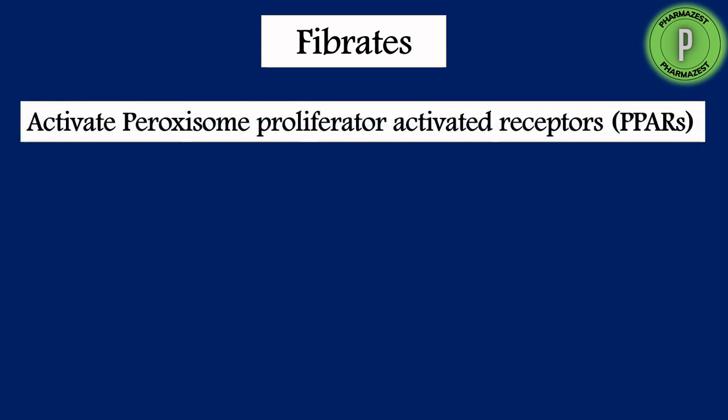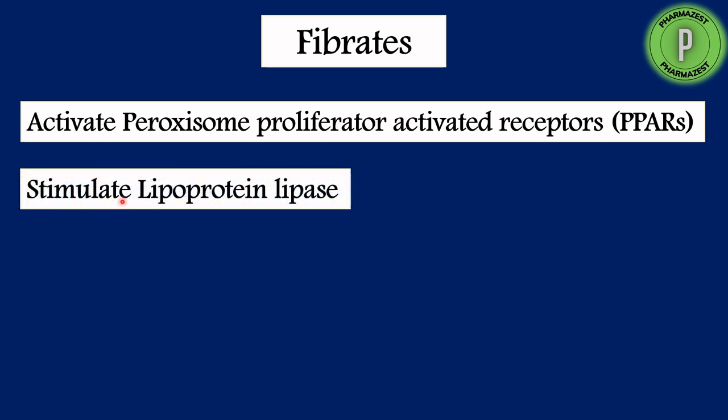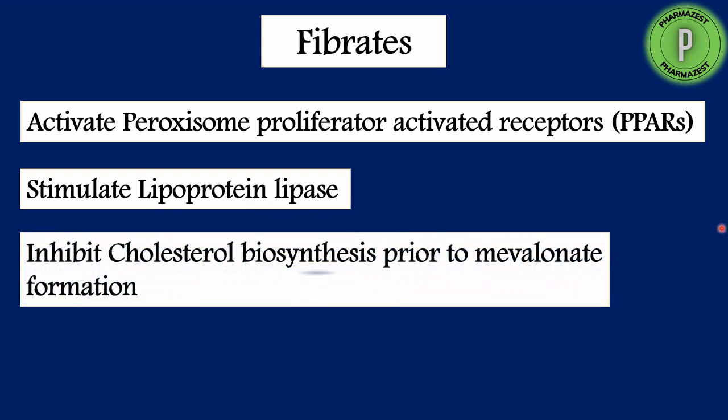Now the next class of drugs is the fibrates. These fibrates act by activating the peroxisome proliferator activated receptors, shortly known as PPARs. They stimulate these receptors, and they also stimulate the lipoprotein lipase, the enzyme which is responsible for metabolizing the lipoproteins present in the body.